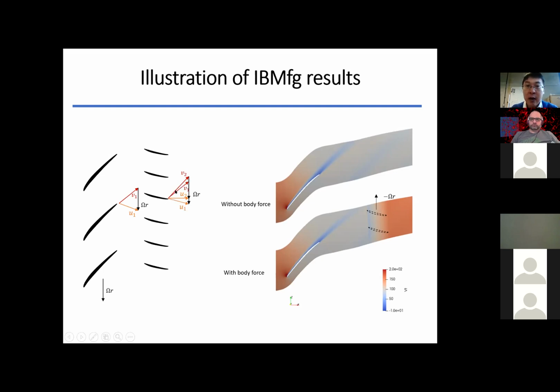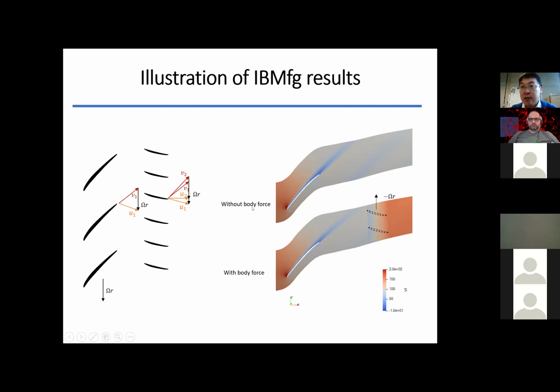If you overlay these two vectors, you can see the swirl is taken out by the stator, which turns the kinetic energy into pressure. And if you look at the relative velocity, that also turns in the same direction, so it actually increases the relative tangential velocity. On the right-hand side, I show the simulation results.